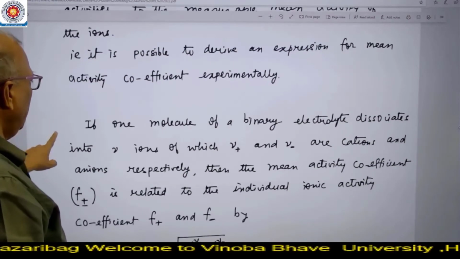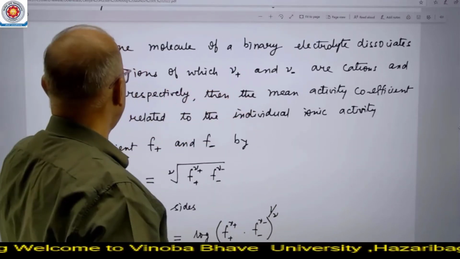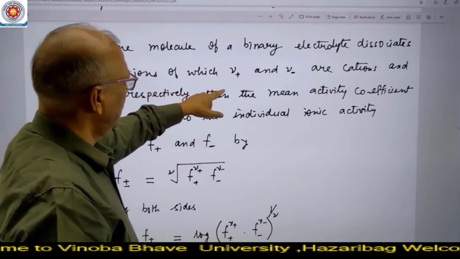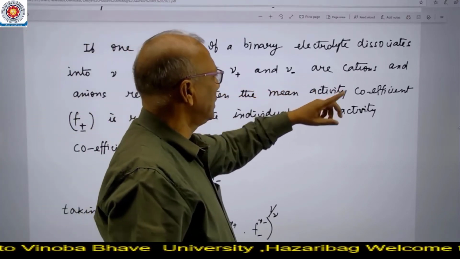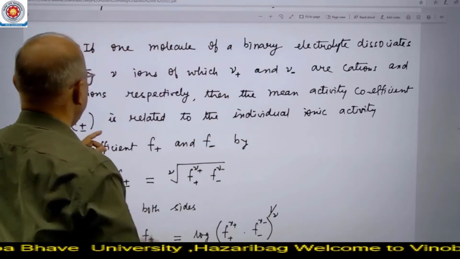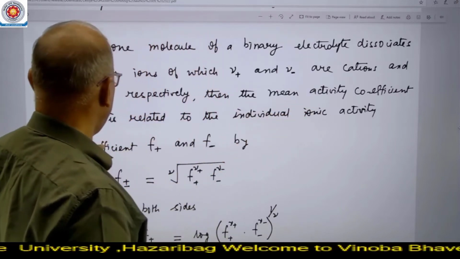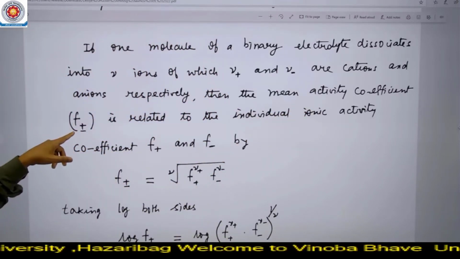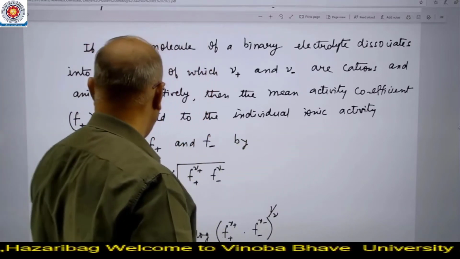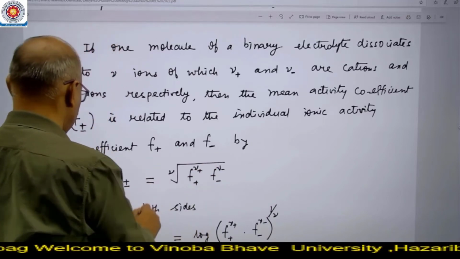Now if one molecule of a binary electrolyte dissociates into nu ions, the numbers of which are nu plus and nu minus, the cations and anions, जिसमें कि ये cation बनता है और एक anion बनता है, इतनी संख्या में बनता है, then the mean activity coefficient, which is represented by this notation f plus-minus, is related to the individual ionic activity coefficients f plus and f minus by this relation.